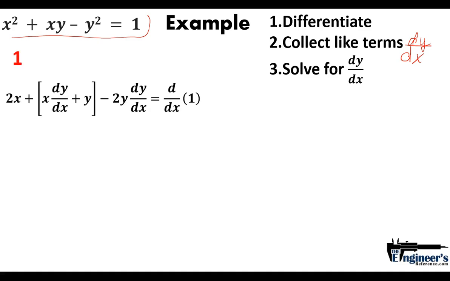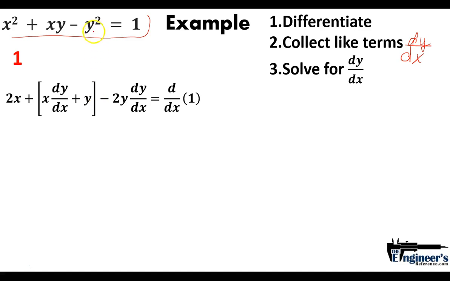The first step in this equation is differentiating, and this is fairly straightforward. Looking at the power rule, the derivative of x squared is just 2x. This is the product rule, x times y. So we've got x times the derivative of y, dy over dx, plus y times the derivative of x, which is just dx over dx, or 1.